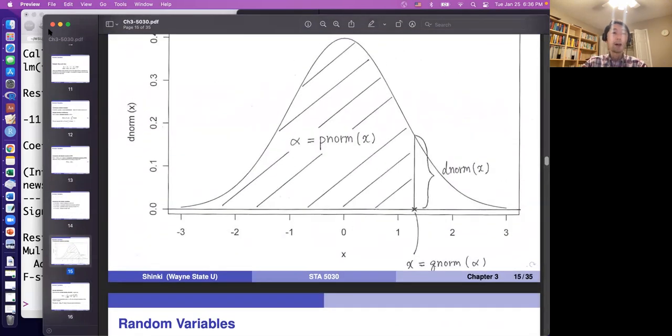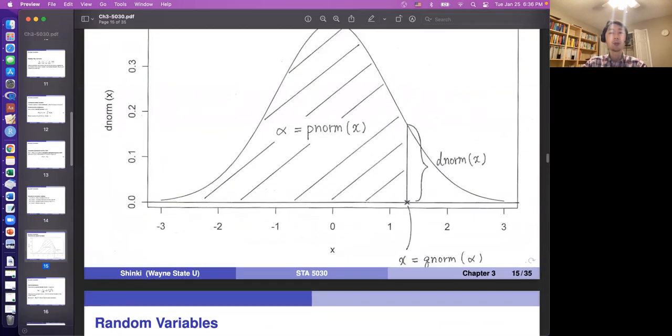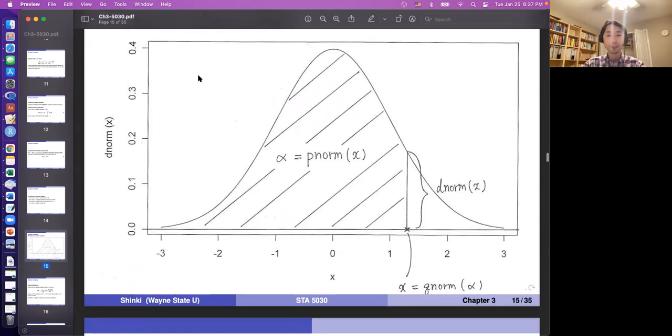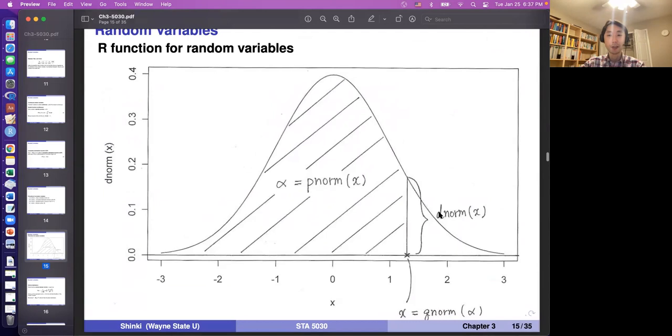Yeah, so this one. R basically has 4 functions for each distribution: normal distribution, T distribution, chi-square distribution, F distribution, and maybe some others, the binomial and the uniform and so on. For each of those distributions, we have 4 functions in R, and those are P, D, Q, and R. If the distribution is given, the area of this curve is calculated by P plus the name of the distribution.